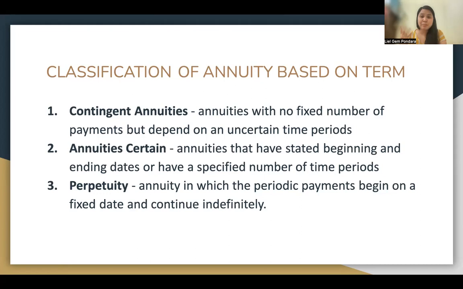As long as you want to benefit from that, you need to pay. So that is a perpetuity. Or another, a scholarship. I'm not sure about your Unifast because I heard that it's an annuity certain up to 4 years only. But for some scholarships, they give you as long as you are studying. So that is under a perpetuity.